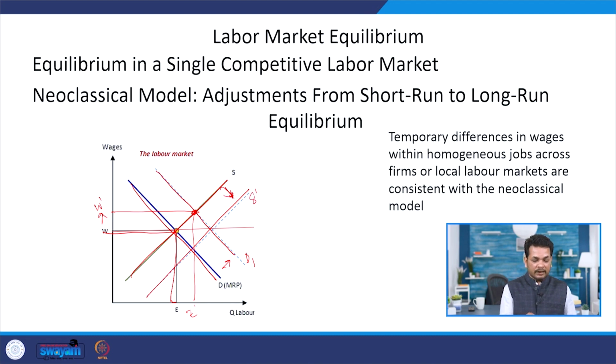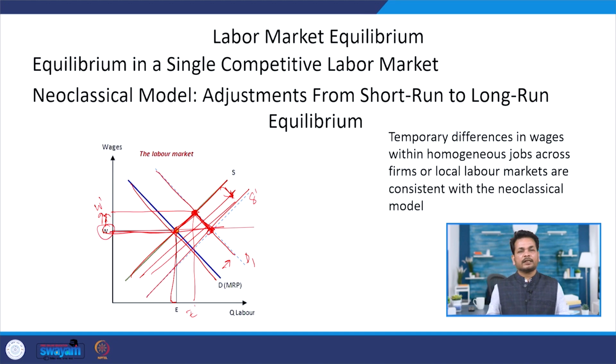As a result, there could be short run fluctuations in employment and the wage rate, but in the long run it will slowly get adjusted as the supply function increases, and it will come back to the long run wage rate.